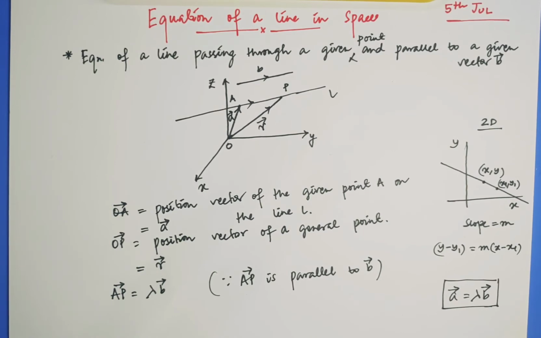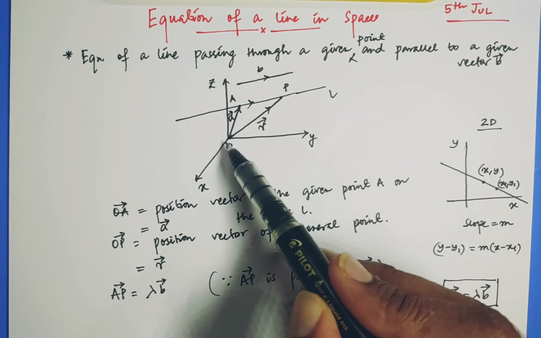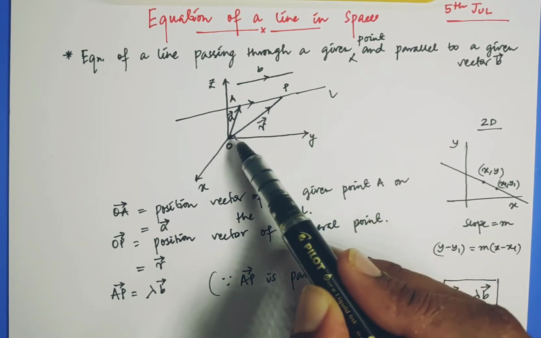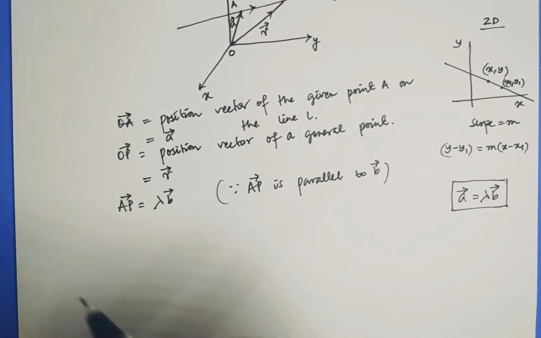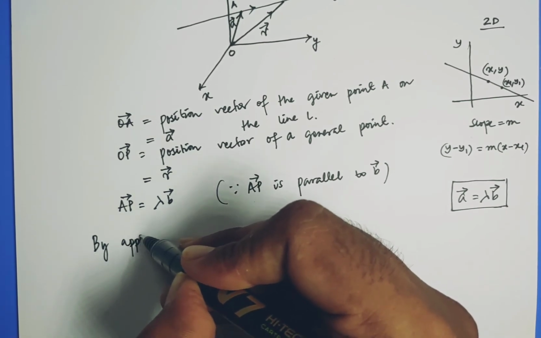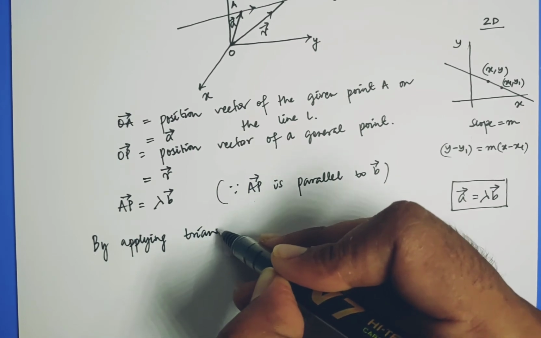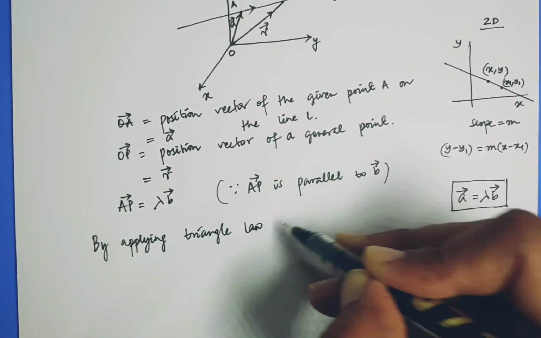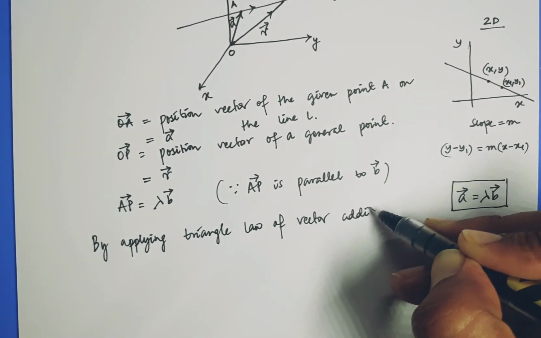After this, now forget about this B vector. Can you see a triangle in here? I see a triangle, right? So what I will do is, by applying triangle law of vector addition. So tell me, what do I see?